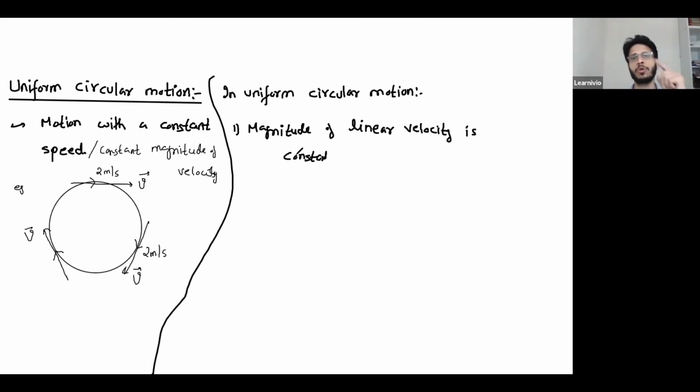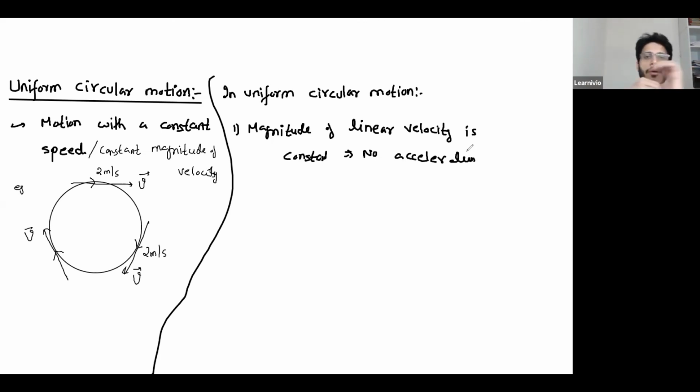And remember, what was acceleration? Acceleration was rate of change of velocity. If velocity changed, then acceleration comes into play. So if magnitude of velocity changed, then you will have one acceleration. But since magnitude is not changing, that means no acceleration due to change in magnitude.